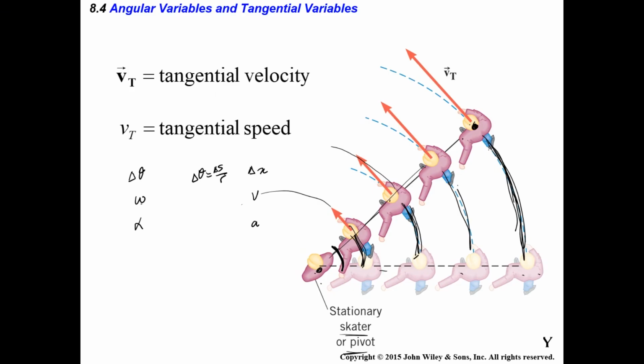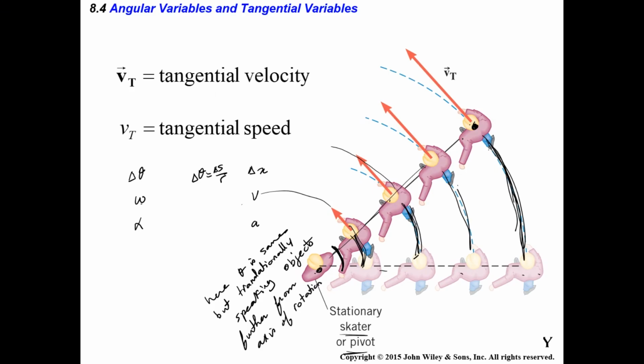So here theta is the same, but translationally speaking, objects further from the axis of rotation will be moving at a larger arc distance.